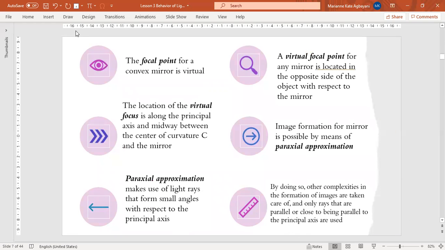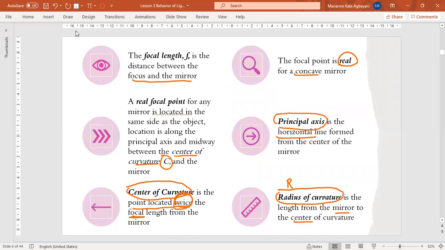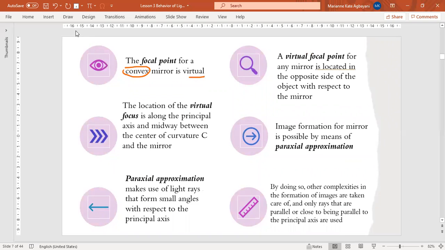The focal point for a convex mirror is virtual. Take note, convex is virtual. For concave, that is real. For convex, that is virtual.